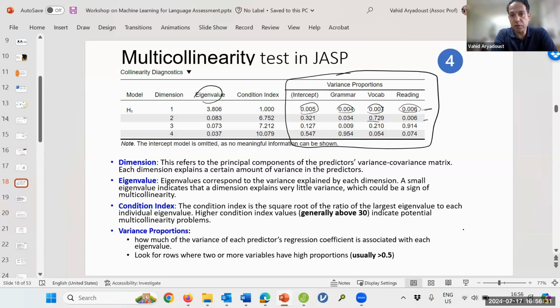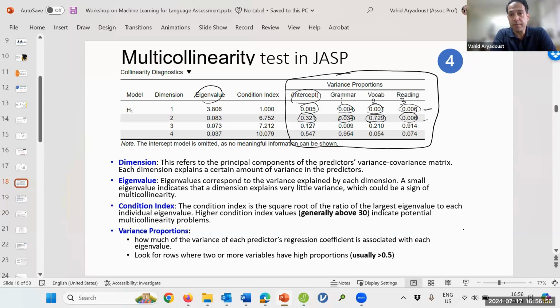The only large value is this, but we don't have an equally large value in other cells, like the reading cell, which is pretty small. This one is pretty small. And this doesn't make a big issue because it's the intercept. The most important thing is these 3 variables, number 1, 2, and 3, because these are the variables we're working with, our independent variables.